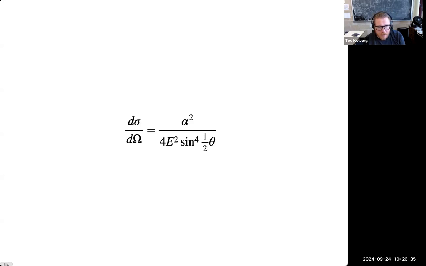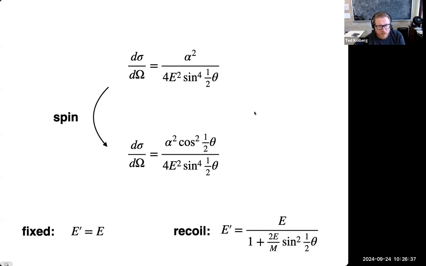But we can do better than this. The first thing that we can do is introduce the effects of spin and do the quantum mechanical calculation in the spinful case. And that modifies the formula a little bit. So we still have the factor of alpha squared related to the strength of the electromagnetic interaction.